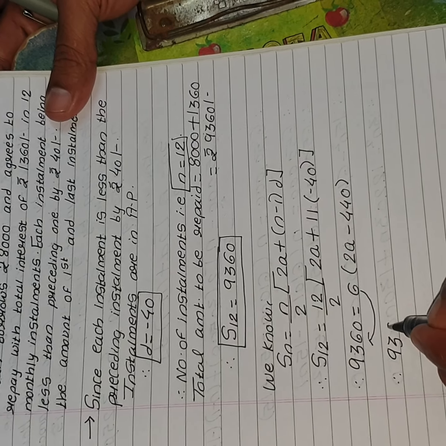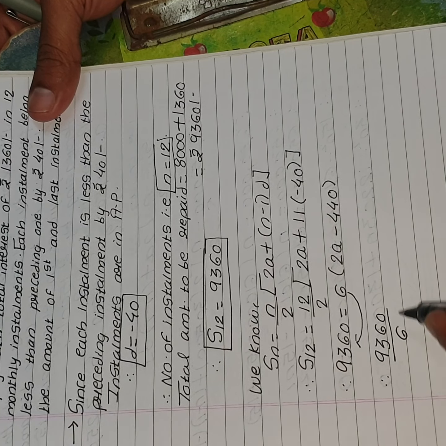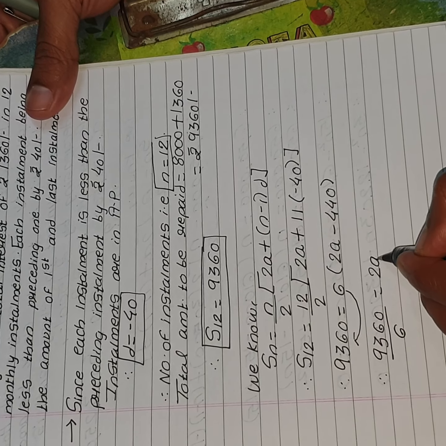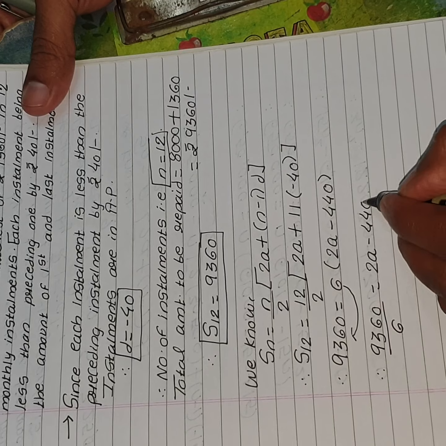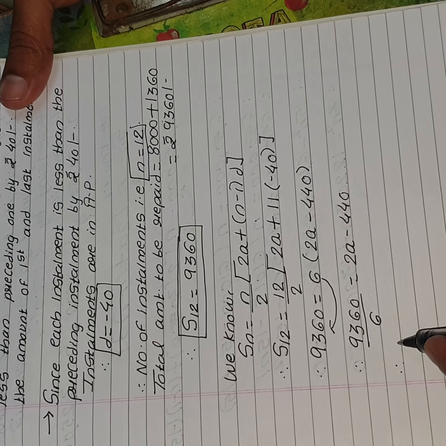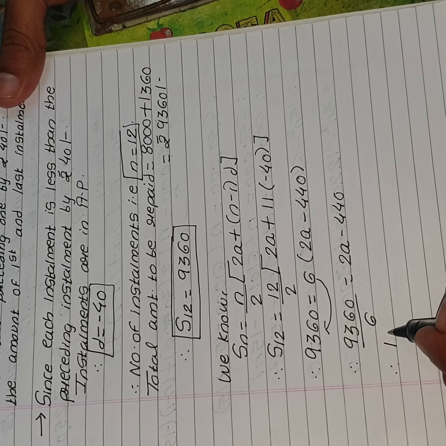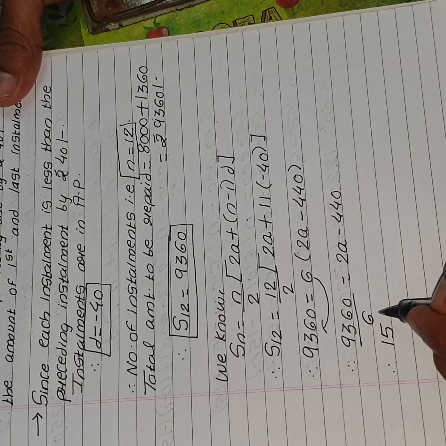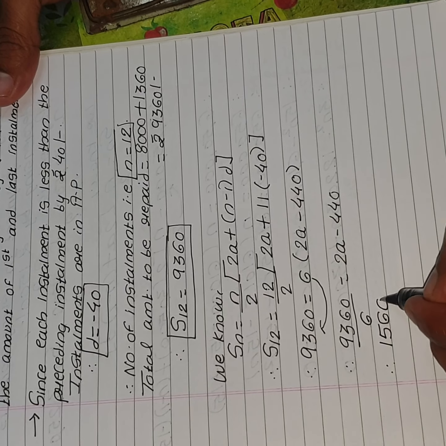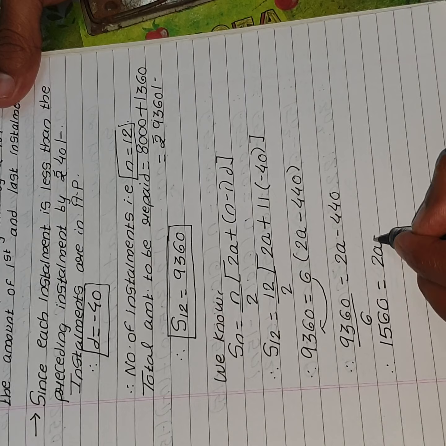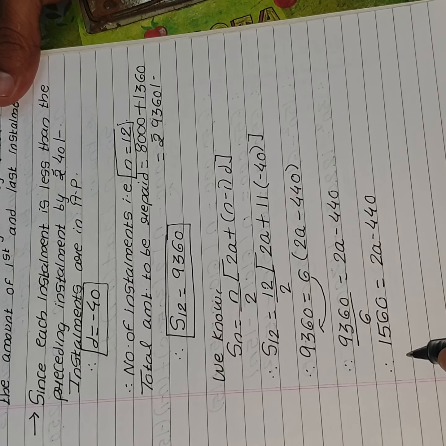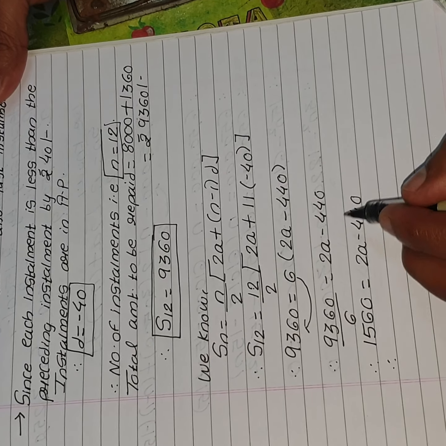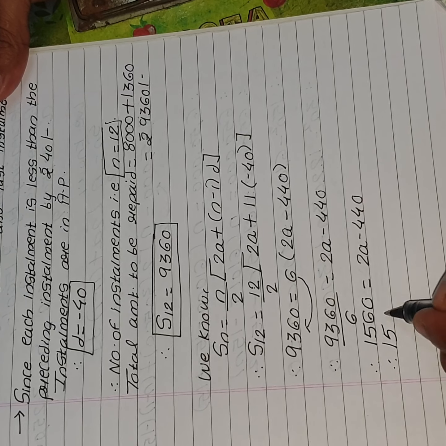Therefore 9360 upon 6 is equal to 2a minus 440. Therefore 6 1s are 6, 33, 6 5s are 30, 36, 6 6s are 36, so 1560 is equal to 2a minus 440. Now minus 440, if I transfer here, it will become plus.